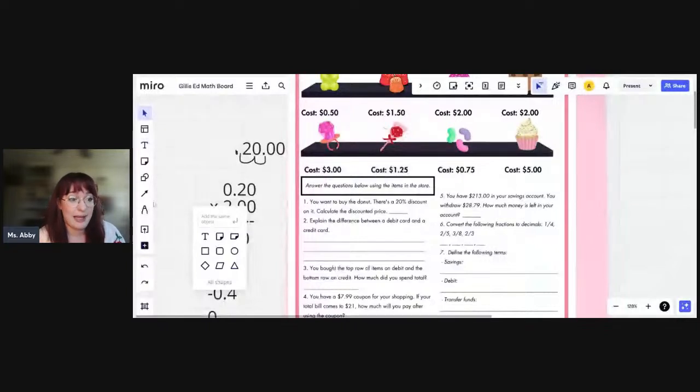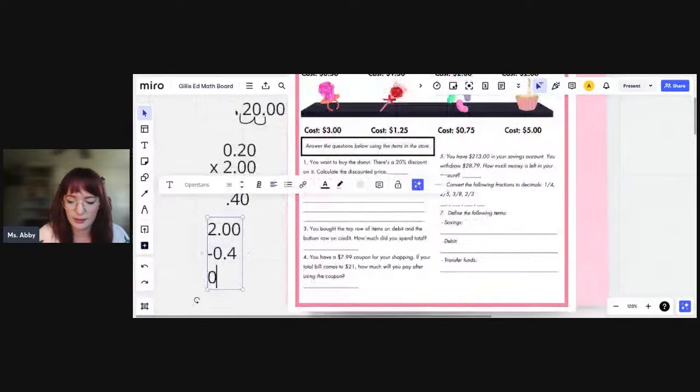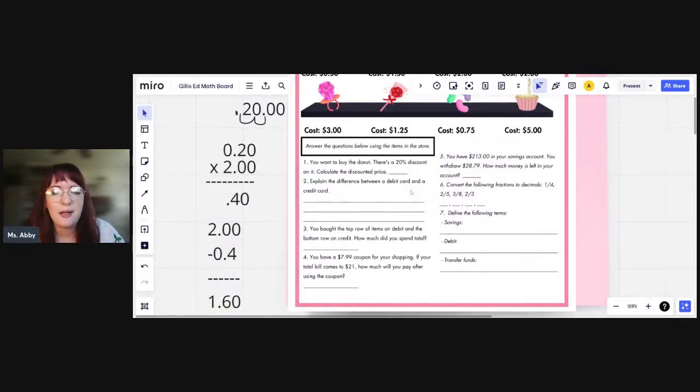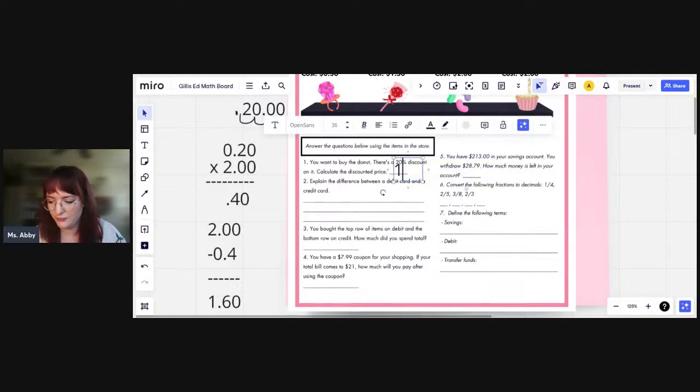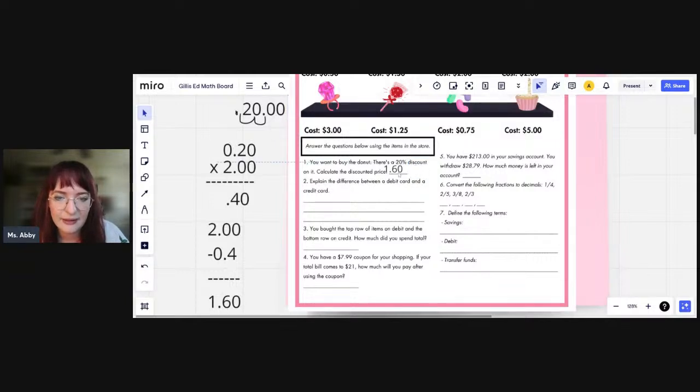I like to think of them as fractions. So we're going to take 2 minus 0.40, and that is going to give us $1.60. That will be our answer for question number 1. It'll be $1.60. So we're going to put that one right here.